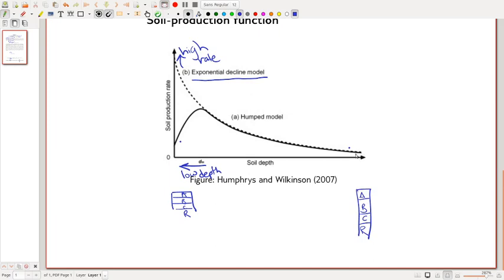And so something like this, right over here, is going to have a low soil production rate.